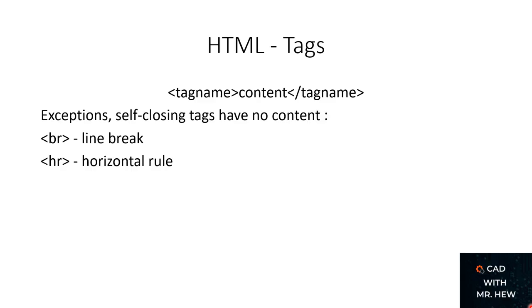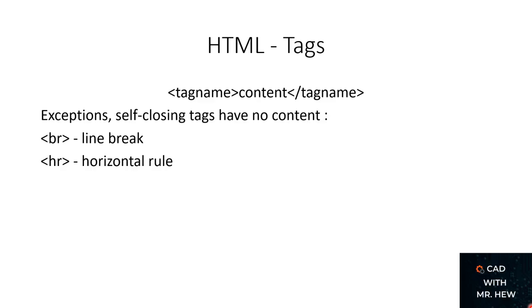Now, there are some exceptions for the tags, meaning that you don't have a closing tag. These exceptions have no content. For example, the BR tag, which gives you a line break, does not have a closing tag because it is a unique tag.